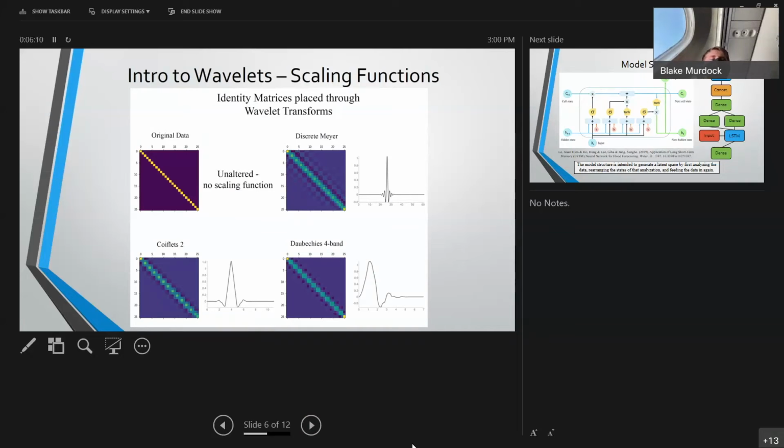So the pattern spreading out from side to side for each row is symmetric, and the peaks are fairly distinct. However, if you look at Daubechies four-band, because it's asymmetric like this, the peak is spread out over two columns, and this could potentially lead to some issues with training in the future. Next slide.